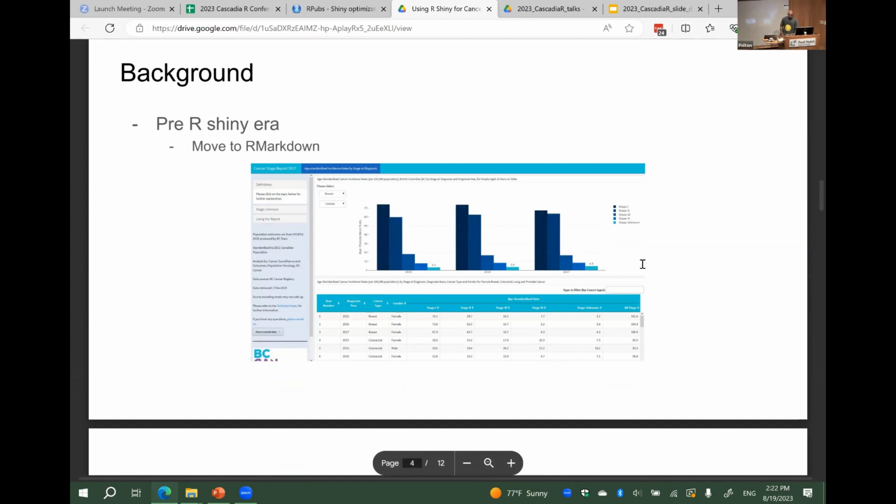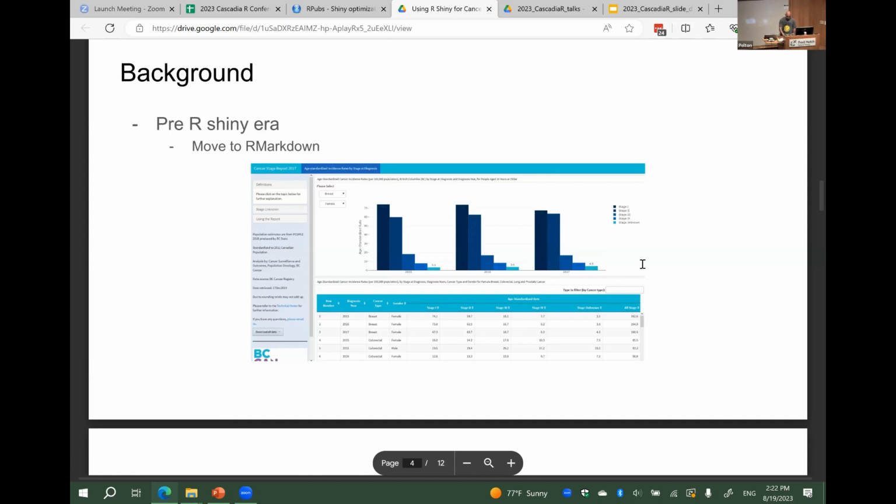Using R Markdown, we were able to pilot a couple of reports where not only were we able to provide interactivity by using Plotly, but we were also able to provide a couple of selection buttons, as you can see on the top left, within Plotly, that behave like an interactive dashboard. And we were also able to provide links to download raw data. So this was our first step.